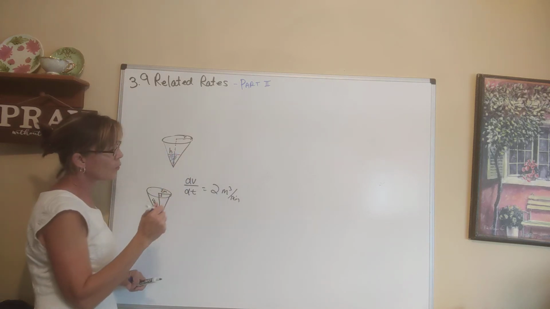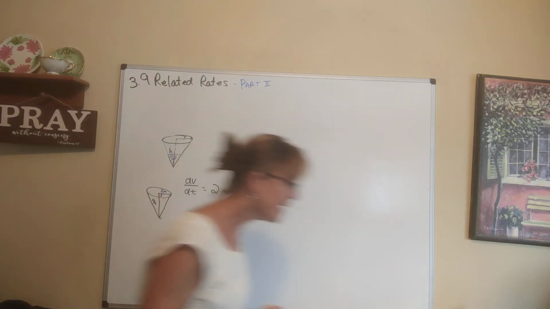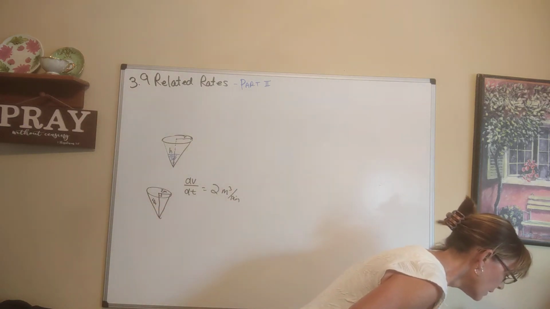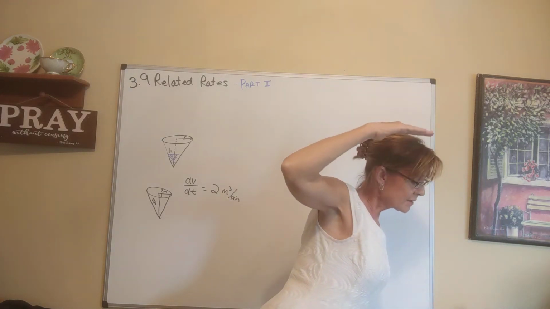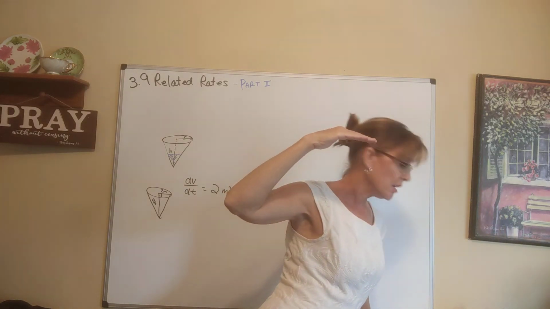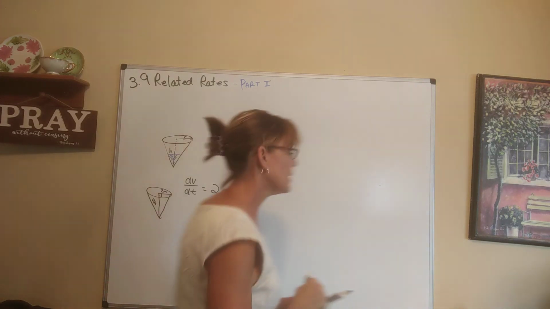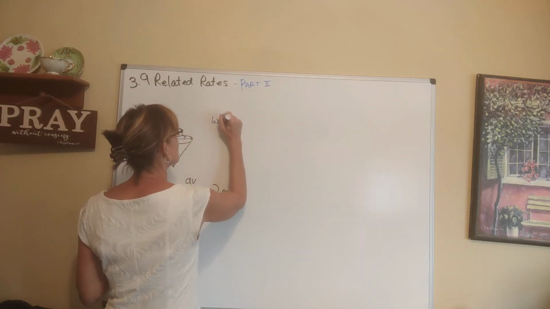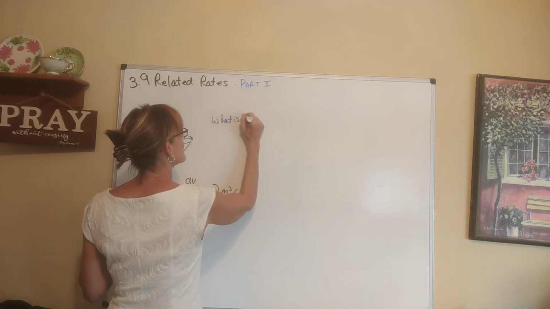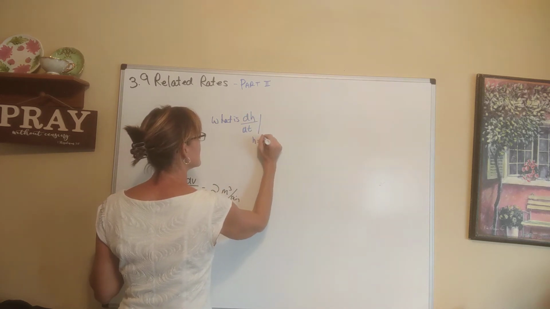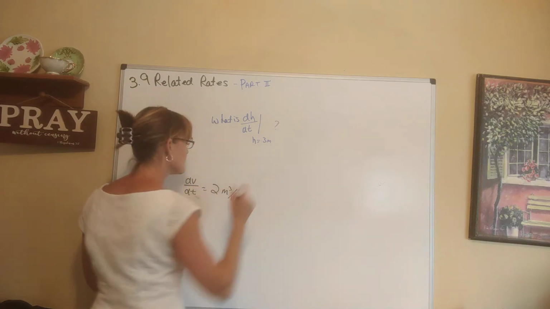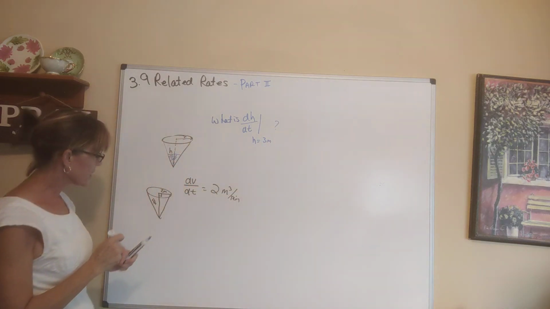So at what point in time, what they say is, at the rate at which the water level is rising, what is dH/dt when H is 3 meters? What is dH/dt when H is 3 meters? Okay, that's what we've got to figure out. This is what they told us.